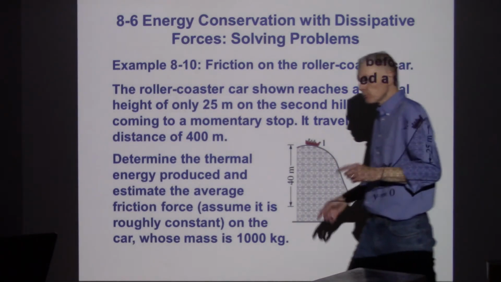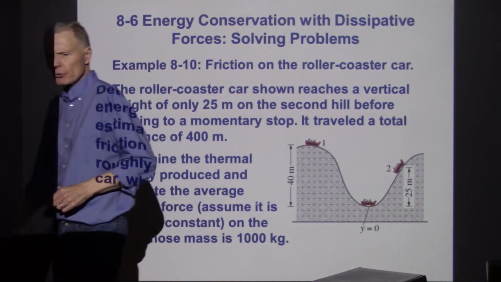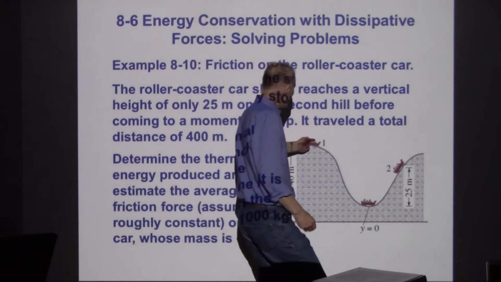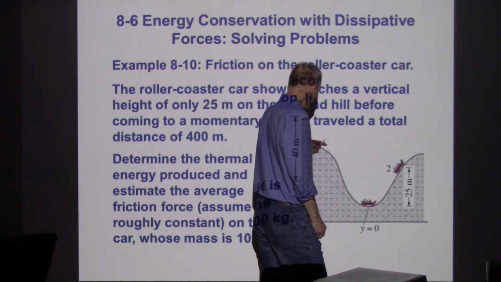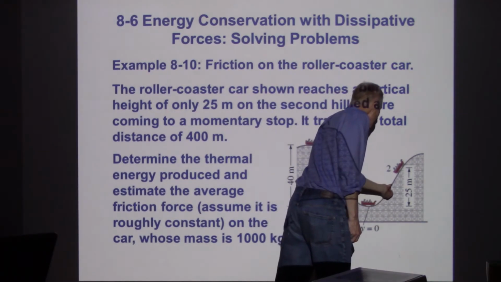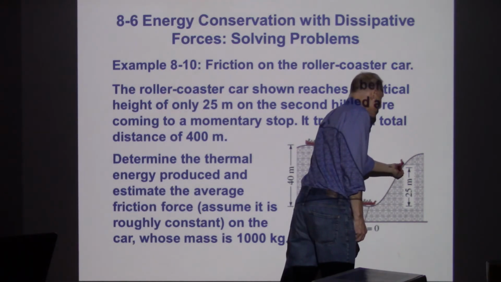Now, one of the things we should point out with all of these energy conservation problems is what happens then. We pick up speed, we're going faster and faster, we go really fast here, and then we lose speed and come back to here and stop. Is that the end of what happens?